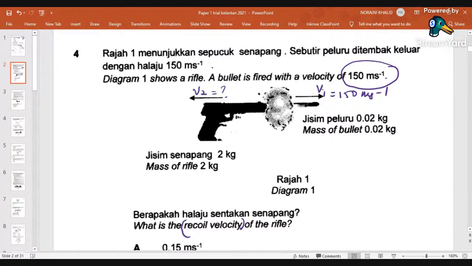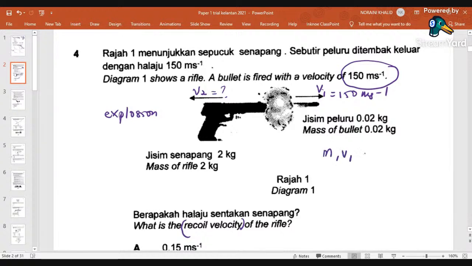That's why we call it conserved. Total momentum remains equals to 0. So from here we can write the formula for this one. So this is a case of explosion. Means momentum of the bullet forward will produce momentum of the rifle backward.